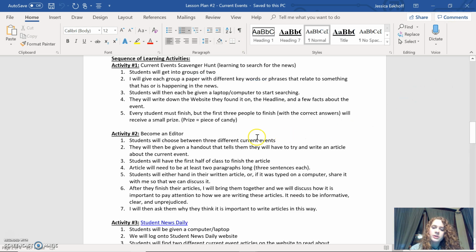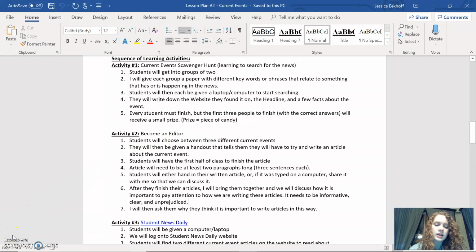Okay, so the next one that we're doing is becoming an editor, I called it. They are going to choose between 3 different articles that I'll give them about a current event, and they're going to write a short 2-paragraph article about it, so that they can get an idea of how to write it and how that's going to go.